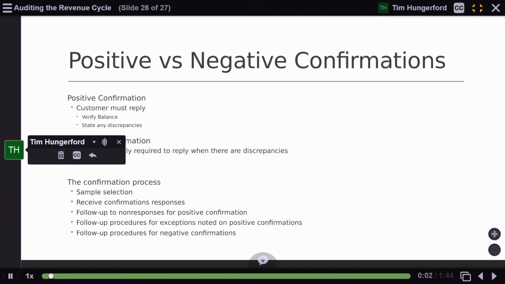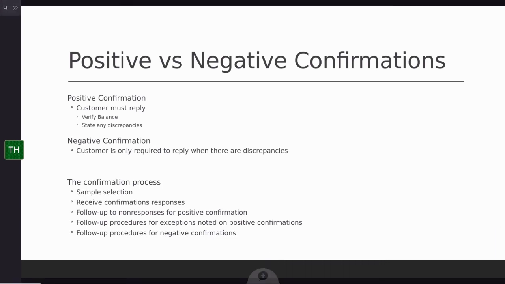And those confirmations that go out, they can either be positive or negative. Positive is really the strongest one that the auditor has, because we want the customer to reply. So we want them to verify their balance, so they actually say, yes, that's my balance, and they'll also state any discrepancies if it's not their balance. A lot of times it could be timing. One of the big problems is getting them to return those.